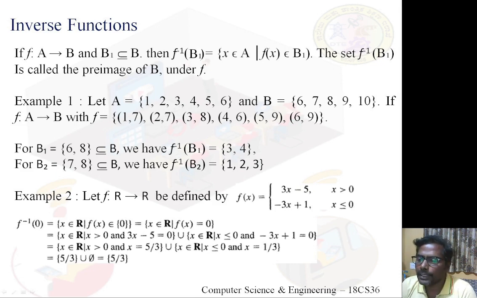So the second case of function f of x fails here, because the second case is invoked for an input x less than or equal to 0. But here I found x to be 1 by 3, which is not less than or equal to 0. So x equals 1 by 3 cannot be a pre-image of 0.